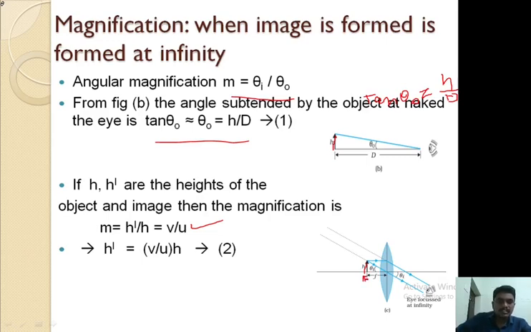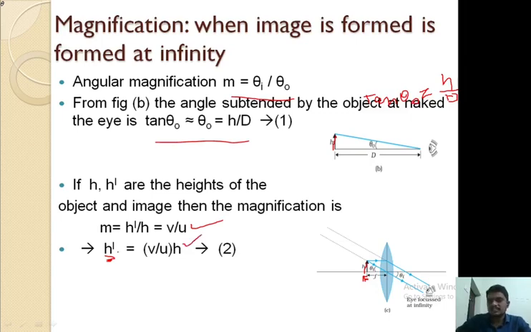When the object is at the focus, the image is observed at infinity, so it appears to be coming from infinity. When the image is formed at infinity, we don't know the height of the image. That is why I want to express the height of the image in terms of the height of the object.